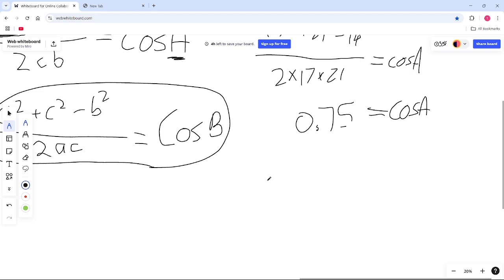So then your angle will come out to be 42 degrees is equal to A. Have a wonderful day.